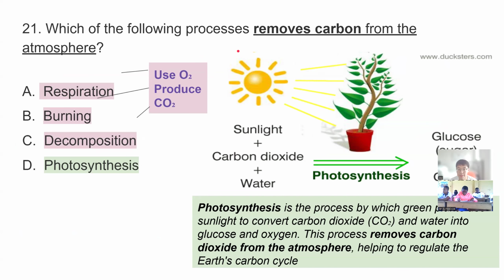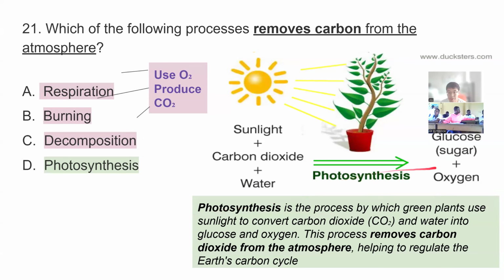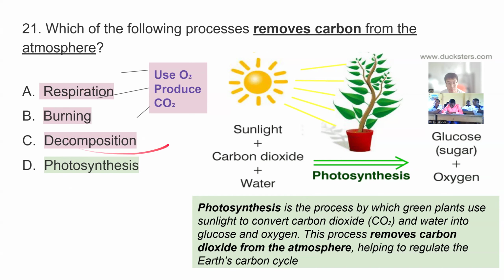Which of the following processes removes carbon from the atmosphere? Is it respiration, burning, decomposition, or photosynthesis? So I've noted here that respiration, burning, and decomposition all use oxygen and produce carbon dioxide.